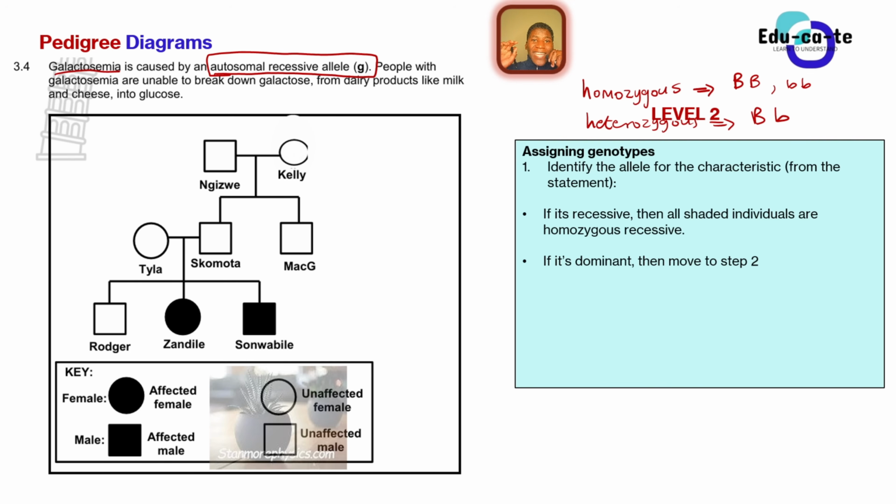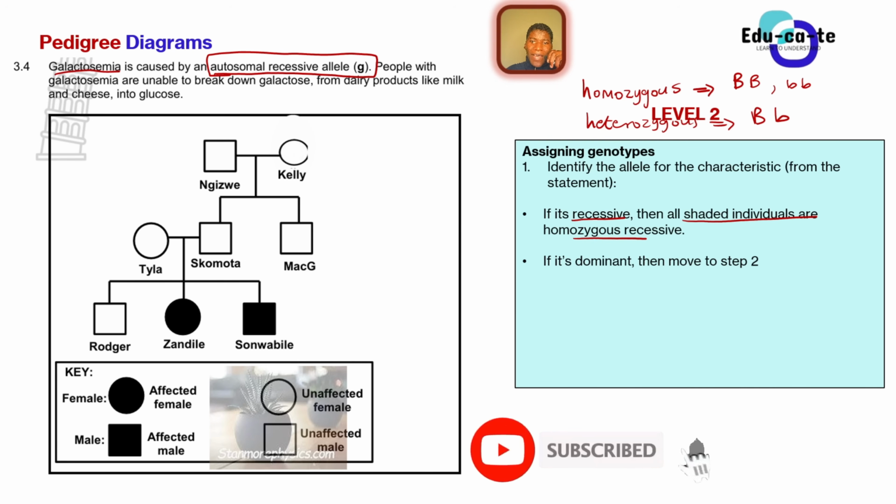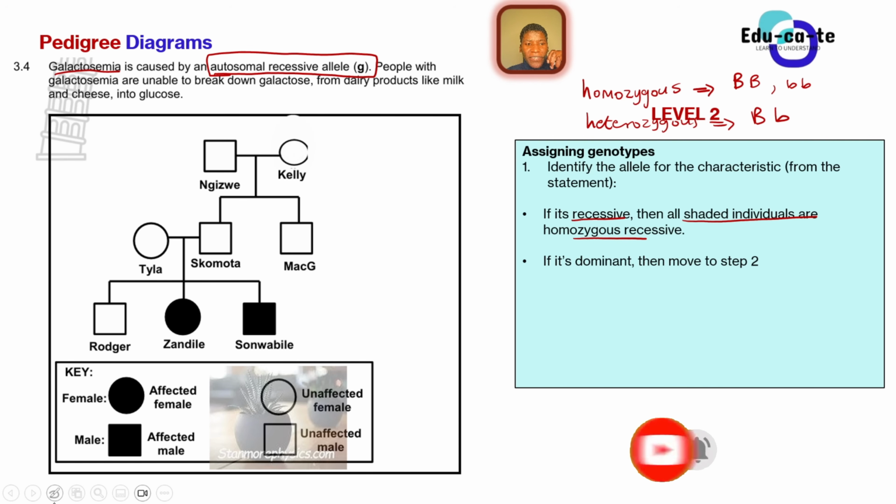So now, after reading the statement and you see that we have got a recessive allele, what should you do? All the shaded individuals must be in a homozygous recessive state. What am I trying to say here? Remember, I've already familiarized you with these two terms and said that homozygous just means that you have got two alleles of the same kind.